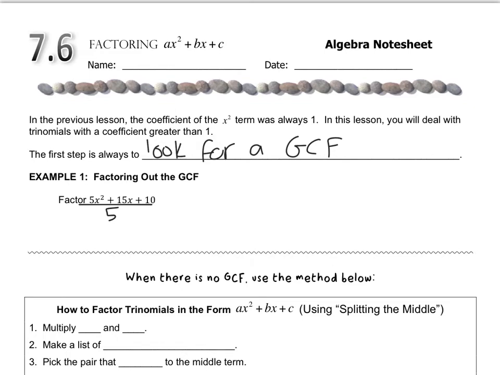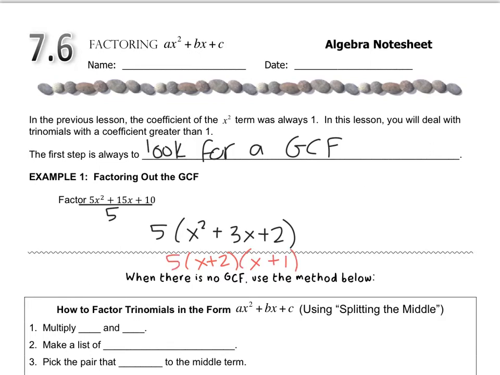And what happens is you'll get 5 times, right, because the GCF goes out front, x squared plus 3x plus 2. And so what you could do now is ignore the 5 and then just factor this trinomial using the double bubble technique. It would be x plus 2 times x plus 1. So sometimes a polynomial looks more complicated than it really is.